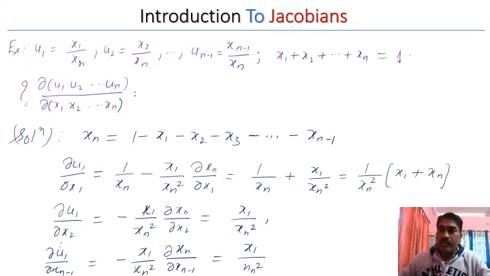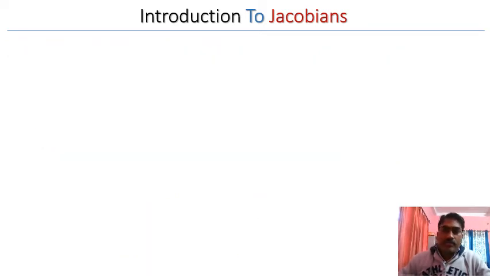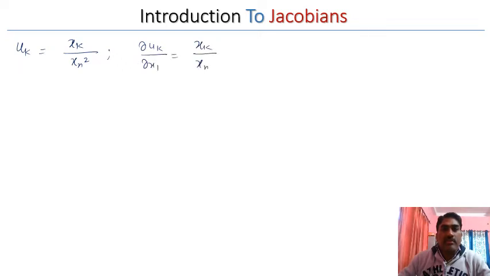Similarly, if you differentiate other functions uk, where uk is equal to xk by xn, you will get del uk by del x1 is equal to xk by xn square.